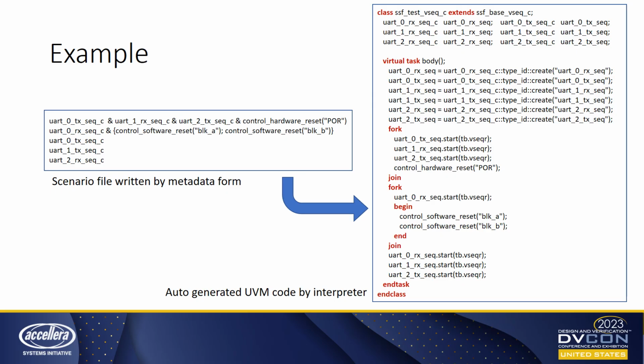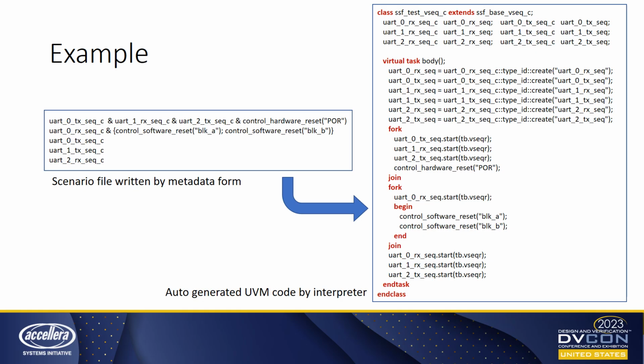I prepared an example of UART and API that were introduced earlier. I write the metadata as shown on the left side. UART 0, 1, 2, and hardware reset are performed at the same time.